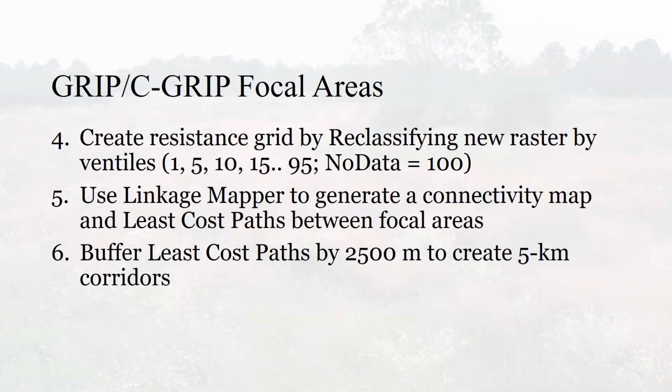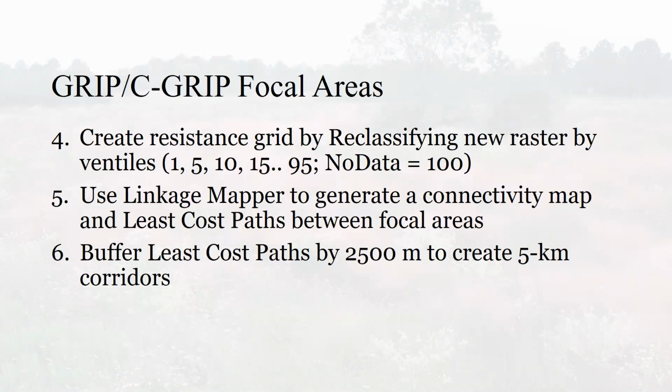And so basically, this is just going to prioritize corridors flowing through high priority grasslands to connect those focal areas. We then ran Linkage Mapper and buffered the resulting least cost paths by 2,500 meters to create 5-kilometer corridors.